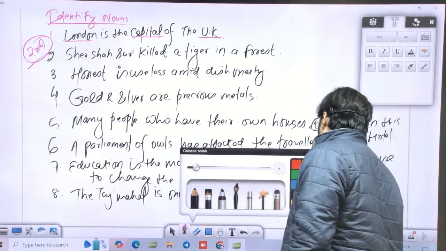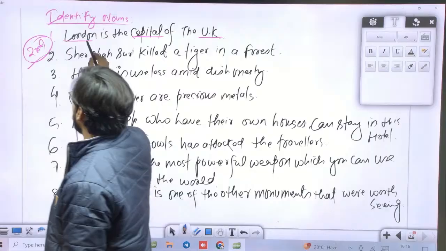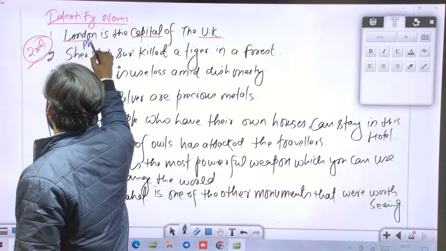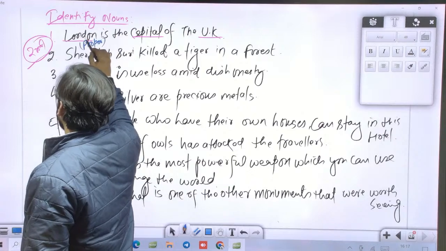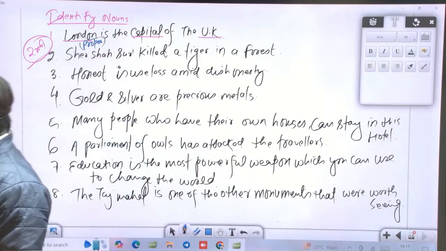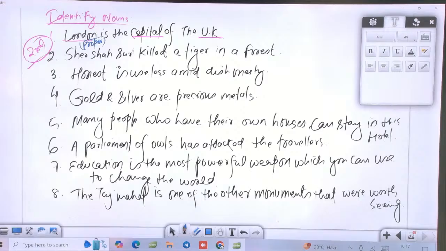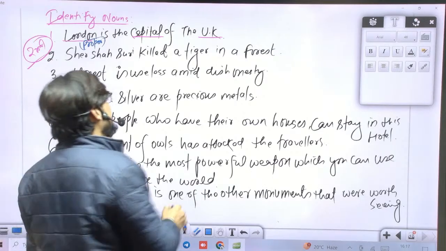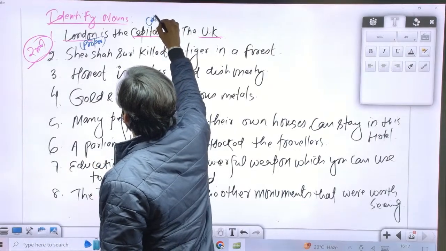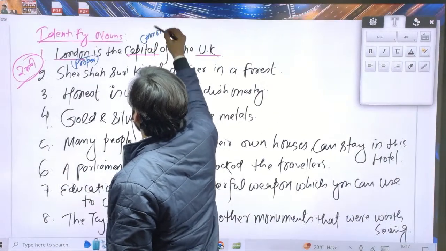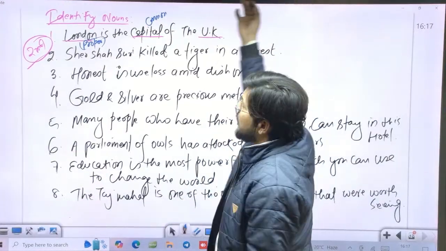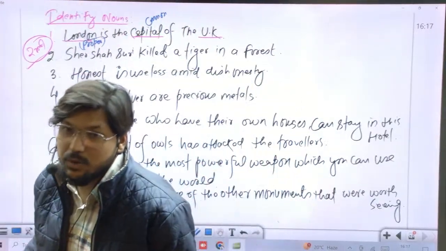If I talk about London, which noun is this? Proper noun. Can you see any other London in the world? Nope. Capital is what? Common noun, because we can make plural of capital, and you can see so many capitals in the world.